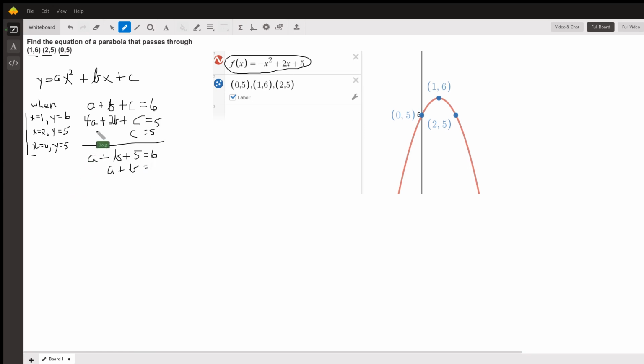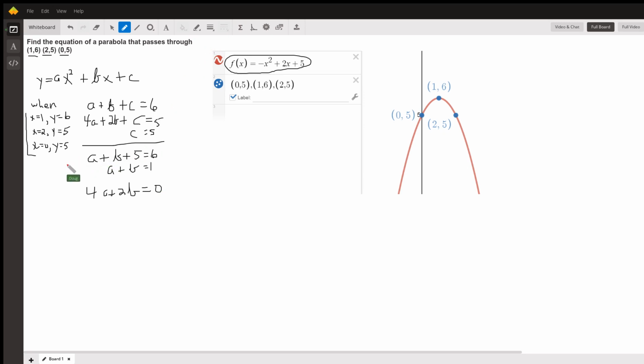And when c is 5, I've got 4a plus 2b plus 5 equals 5. Subtract 5 from both sides, I get 0.